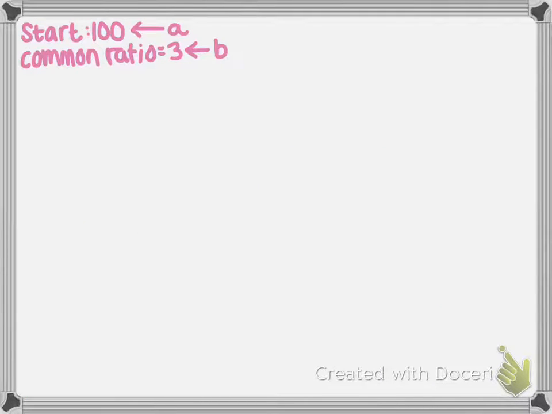So now for this first application problem, the number of fruit flies triples every 4 hours, and there are currently 100 fruit flies. So my starting amount of fruit flies is 100 here. And my common ratio is multiplied by 3 every 4 hours.